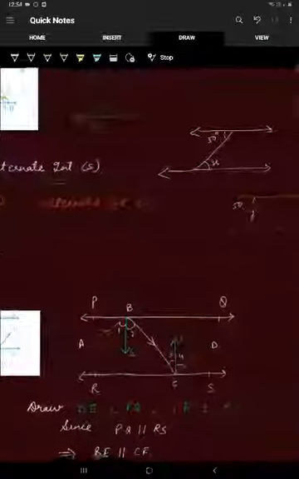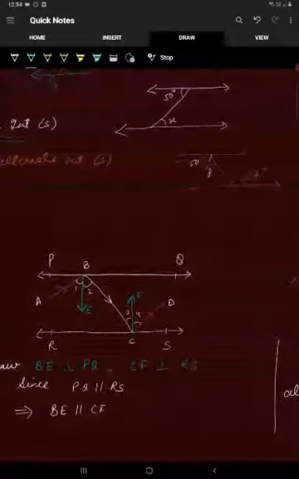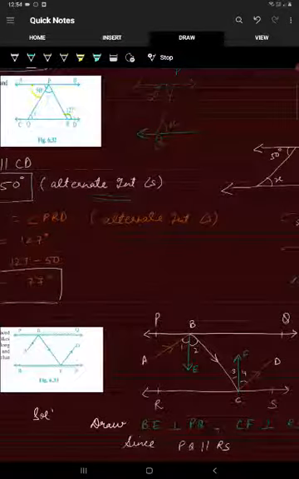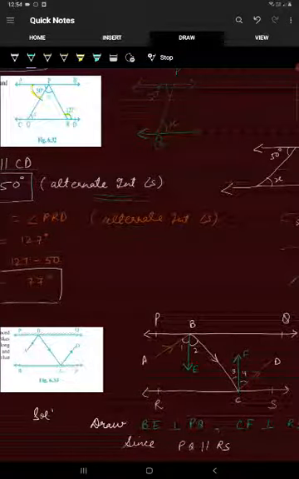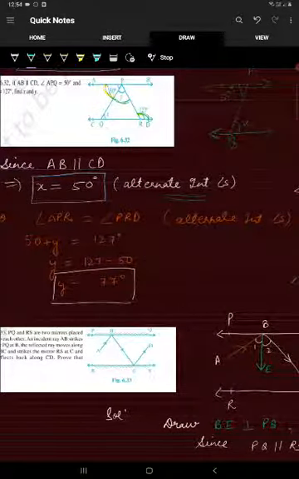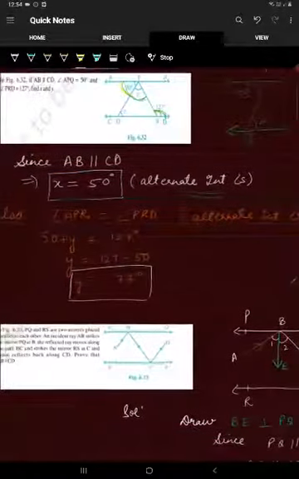Again, if these two lines are drawn and I take this line as the transversal, then angle APR will be equal to angle PRD, which are alternate interior angles.